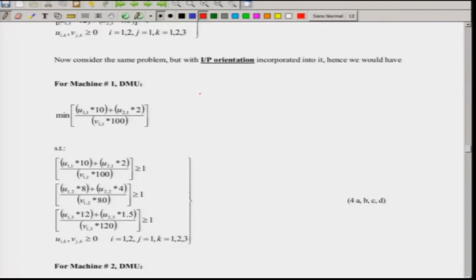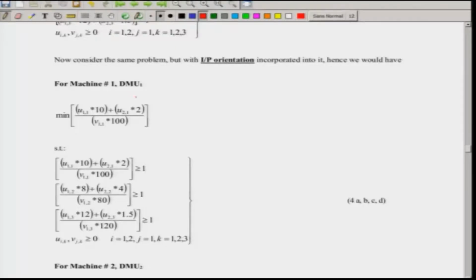As there are 3 DMUs, that is DMU 1, 2, 3, which are 3 machines, we will formulate the problems accordingly, because formulation is more important and then solving it is a very simple optimization problem. So, in the first model you have the objective function and this is the minimization. Remember that. I will try to highlight the word minimization in each and every step, even though I did not highlight the maximization in the last class.